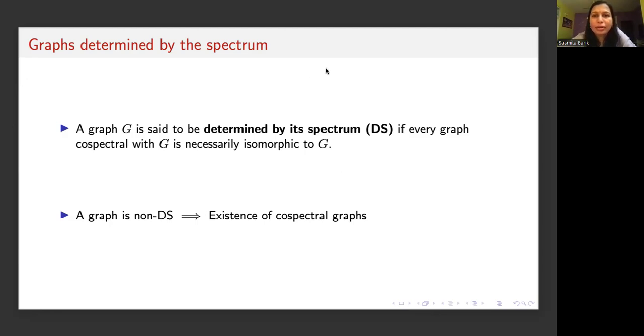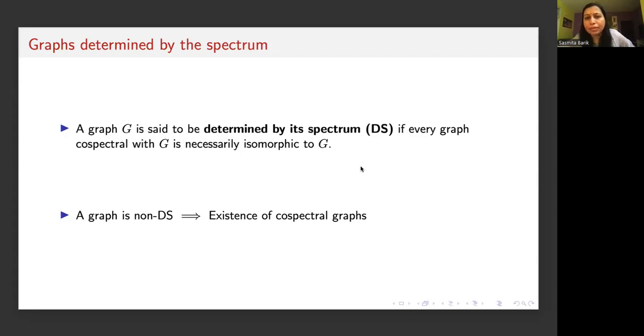So here I'll basically tell about adjacency first, and then maybe some construction for Laplacian. The first question is how to determine if a graph is determined by the spectrum. That is a more difficult problem than constructing a co-spectral pair.